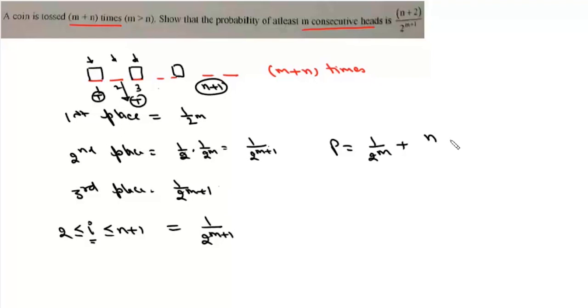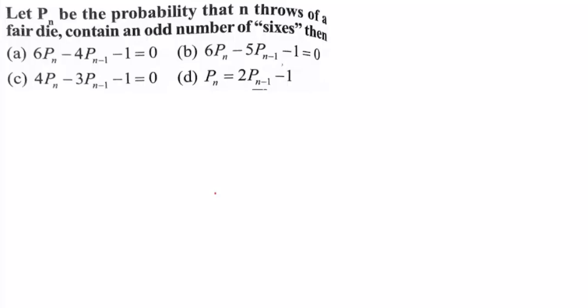So it will be n into 1 upon 2 to the power of m plus 1, which is simply n plus 2 upon 2 to the power of m plus 1, which is what we need to prove in this question.